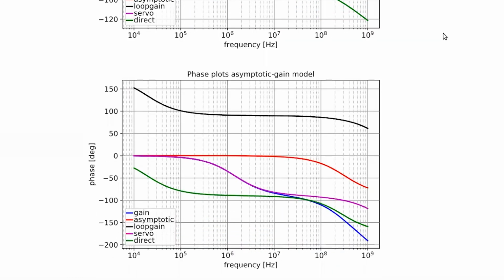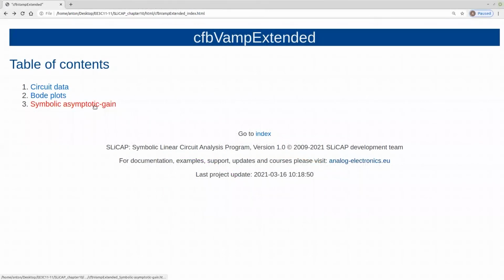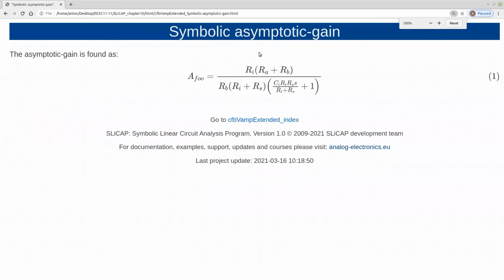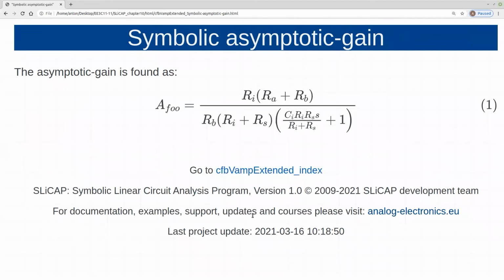Of course, you can see this also in the symbolic expression for the asymptotic gain, and that is here. The asymptotic gain can be decomposed now in the ideal gain and a factor caused by this input attenuator. Now, unfortunately, Slicap doesn't simplify this in the way you would like to see it, but basically, look, you have RA plus RB divided by RB. That is the ideal gain.